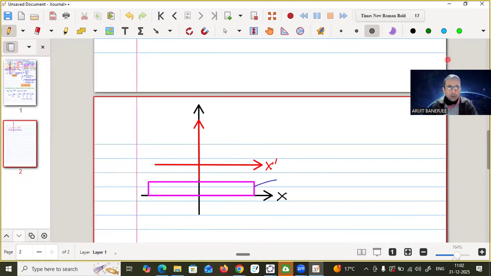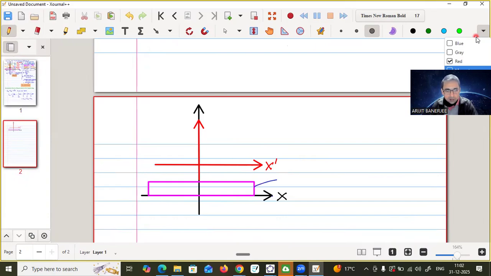So what is the moment of inertia about the black axis, or the centroidal axis for this? Can you tell? Where is the centroid? Here.